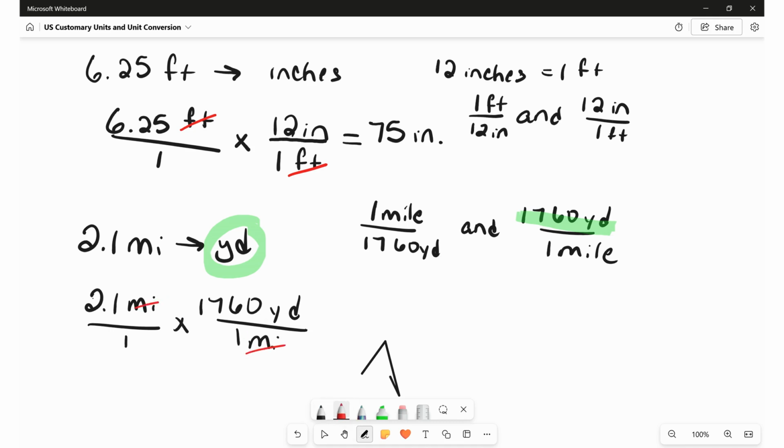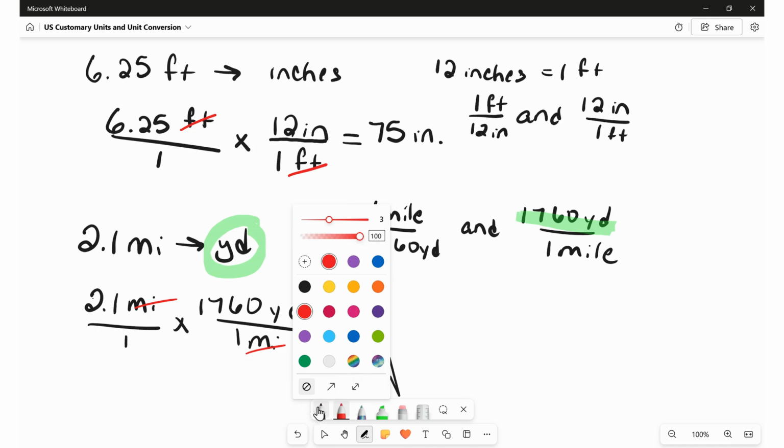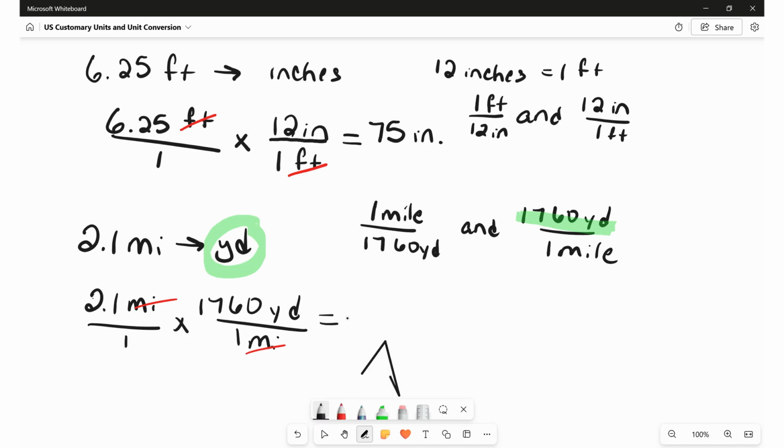So our miles cancel. When we multiply it straight out, we get 3696 yards. However, remember precision.